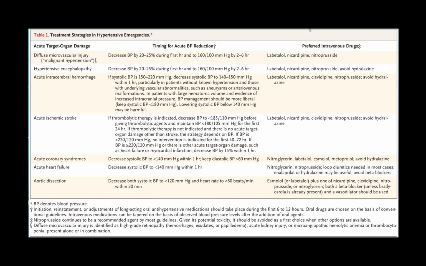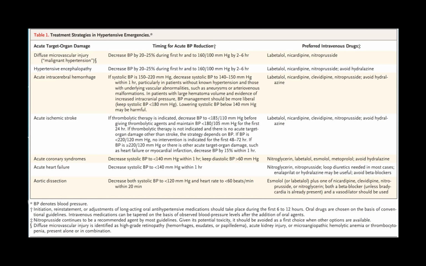What I also like about this table is it gives you a very good summary of what agents you can use. So, as you can see, labetalol is actually first line in a lot of these cases, or a lot of these end organ damages. And if I'm not mistaken, even when you read the stroke protocol that we do for our ACLS, it often recommends labetalol as one of the first line agents.